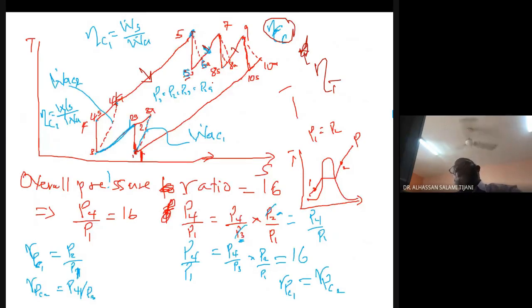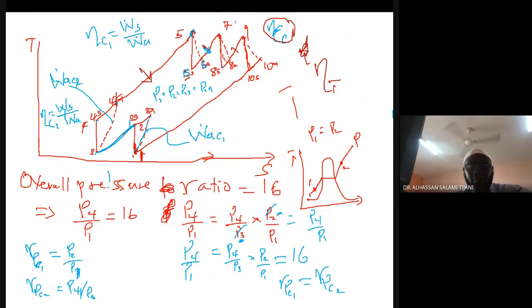From this TS diagram, the maximum temperature is naturally going to be either T5 or T7 or T9. If you are able to find any of these, that gives you the maximum temperature in the cycle.